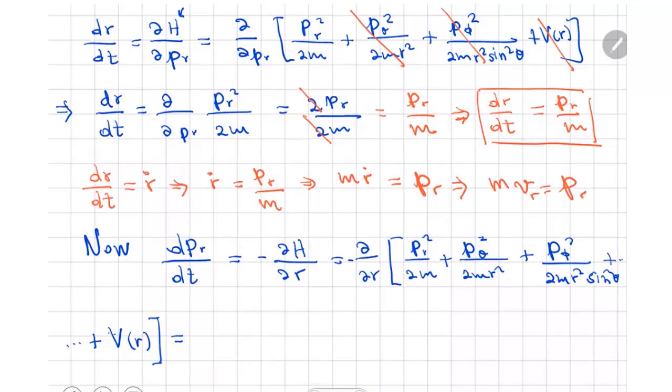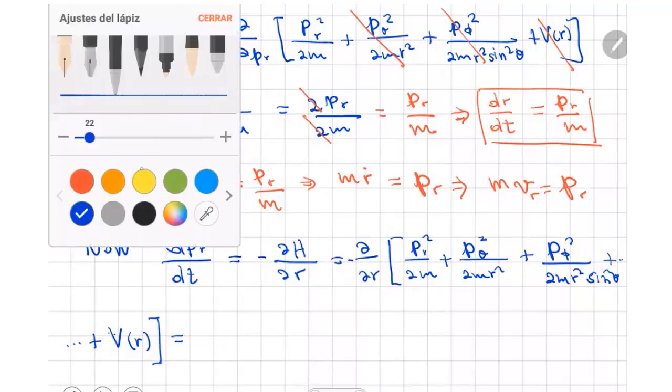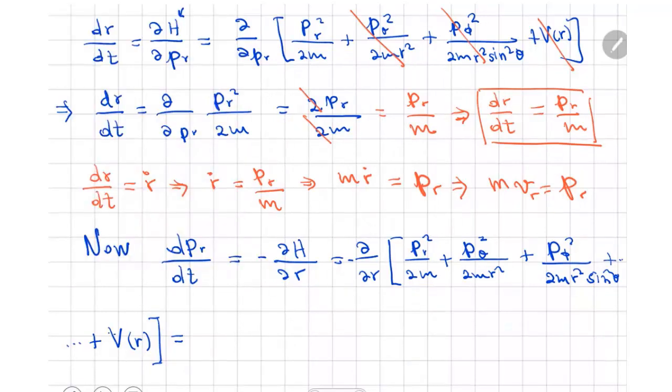So if you see, we have r here, we have r here, and we have r here. These two terms depend on the radial coordinate, and this one too.